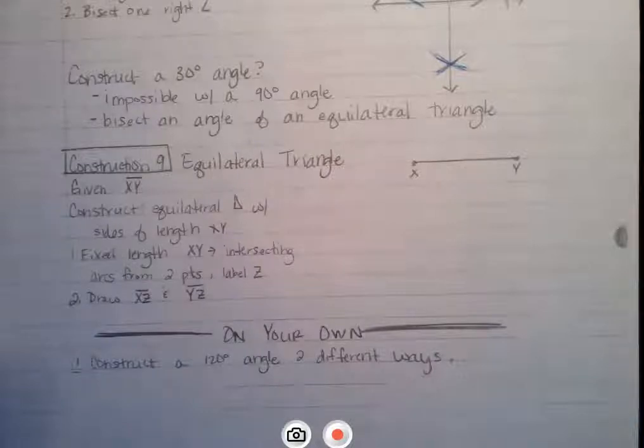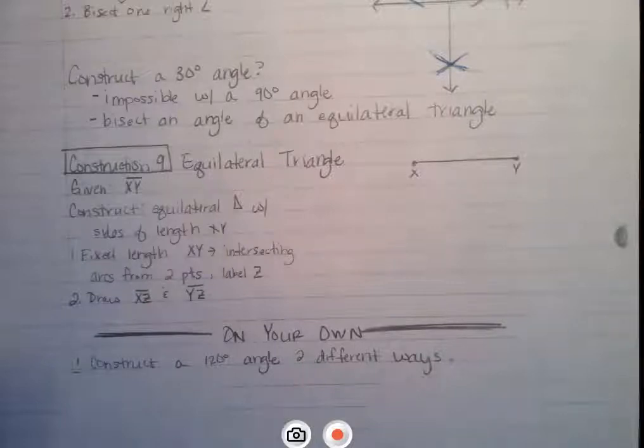A triangle is 180 degrees, so every angle, 180 divided by 3, because there are 3 angles in a triangle, is 60. So the only way to get a 30-degree angle is to bisect an equilateral triangle angle.